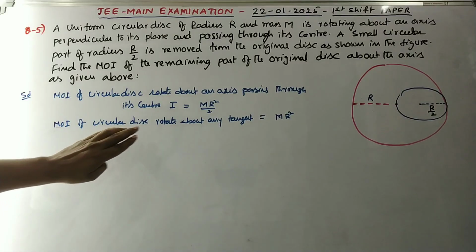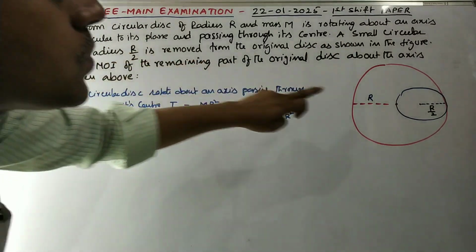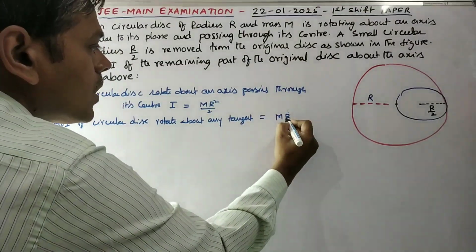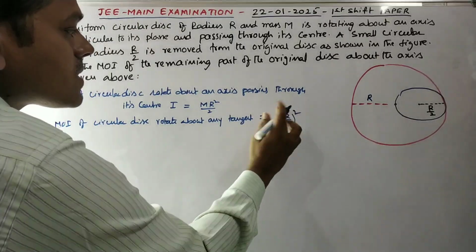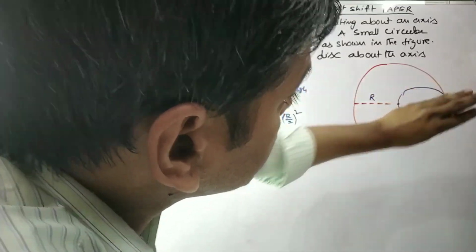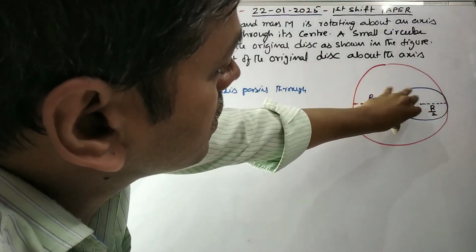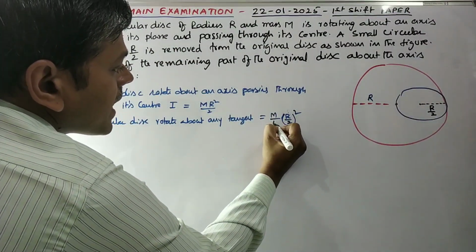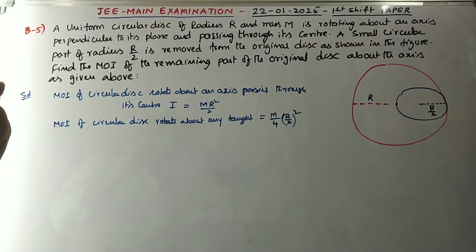But here the small circular part has radius r by 2, so the radius is r by 2 whole square. Mass is also changed. This part is detached from the whole thing, which is divided into 4 parts, so the mass is m by 4 into r by 2 whole square.